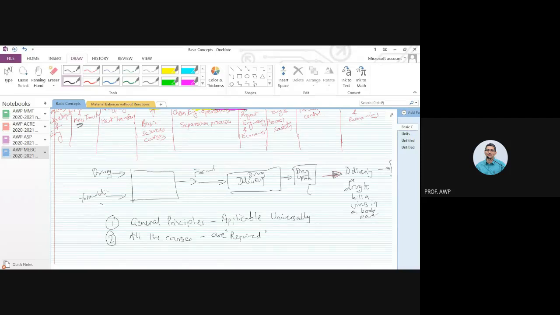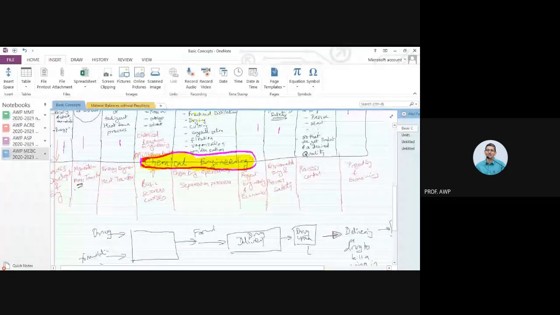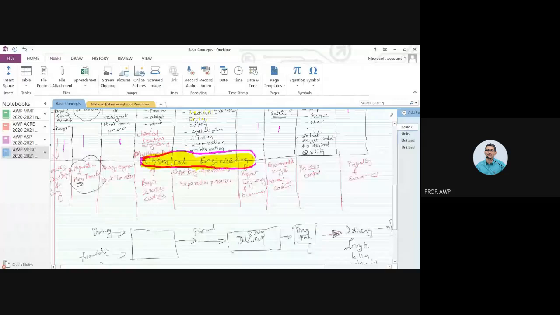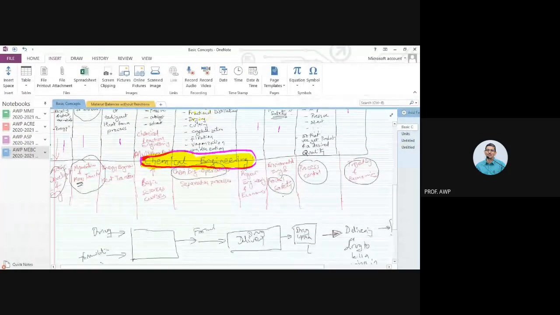That's not the case. You are going to need something that you are going to study in your semester 3, momentum and mass transfer, or semester 4, chemical engineering operations. You are going to require it in, say, process control. You are going to require it in process safety, in process development, in project engineering and economics.